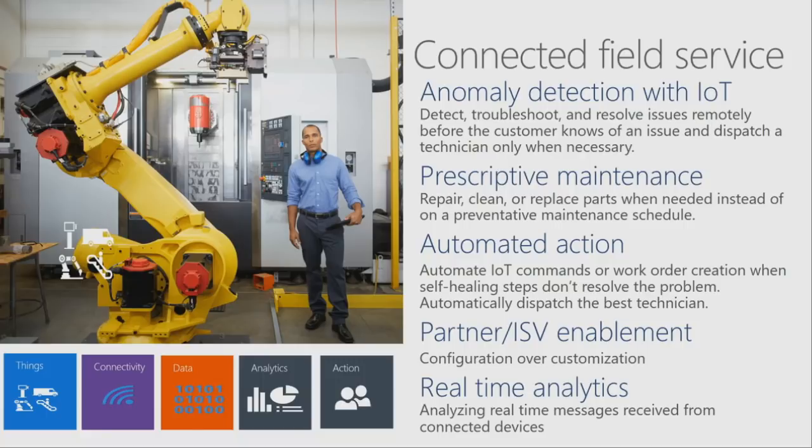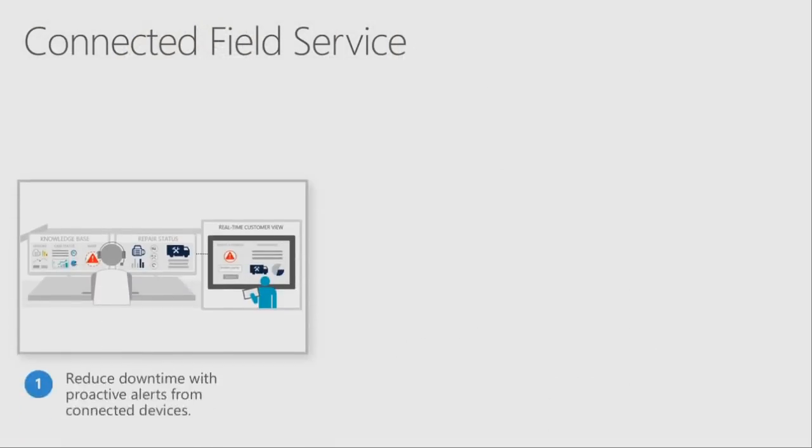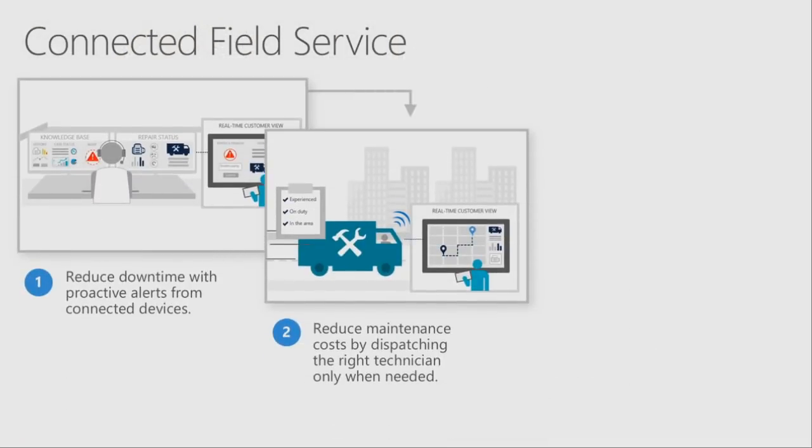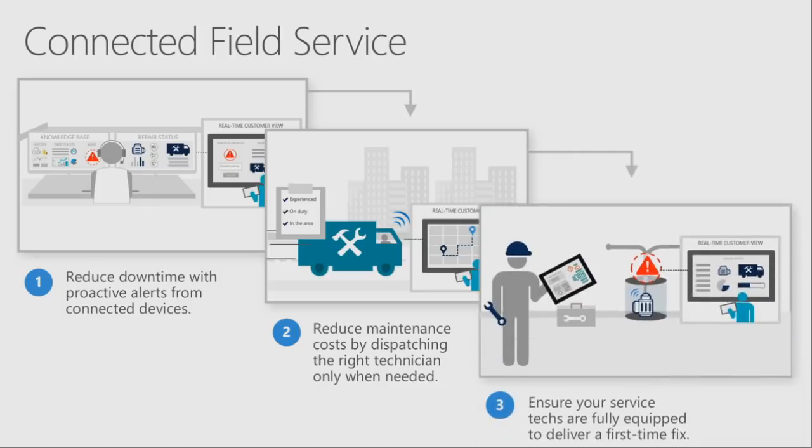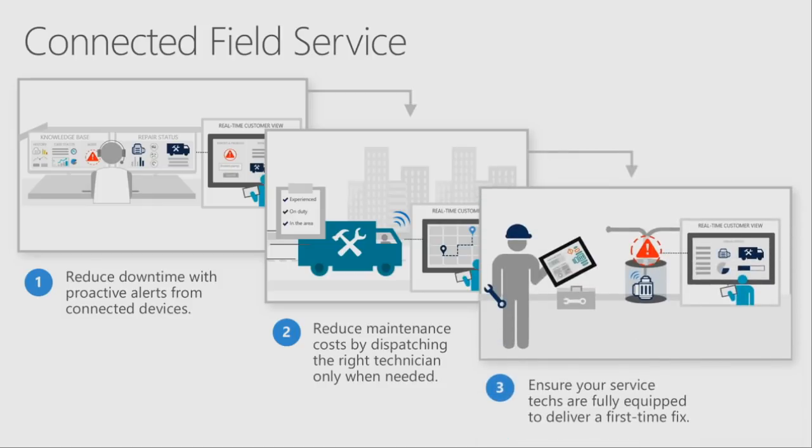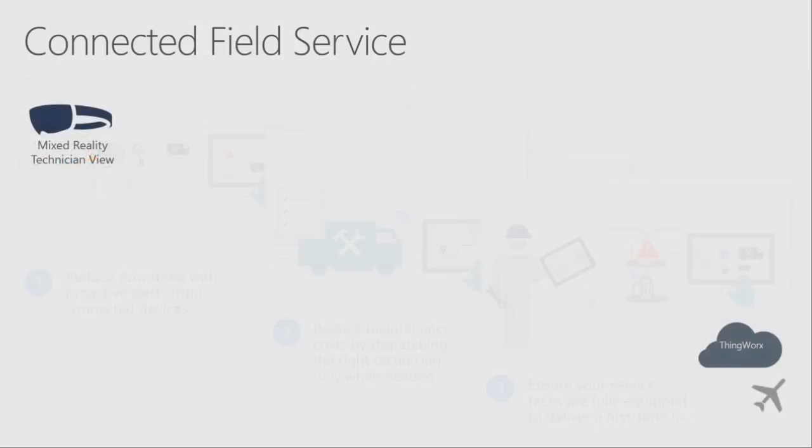Part of the functionality is going to be the Dynamics 365 solution for field service, as well as, for example, the Azure IoT suite. And so the goal here is to move us into reducing downtime, reducing maintenance, and also armed with the IoT data, the technicians can be that much more effective.